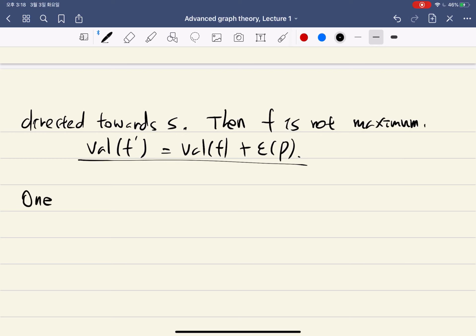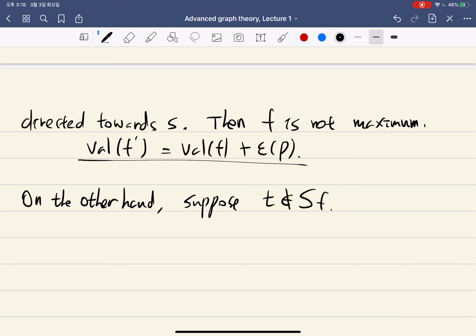And the other direction, suppose T is not in S_F. So there is no F augmenting path towards the sink vertex. Then what happens? We take S_F and its complement.